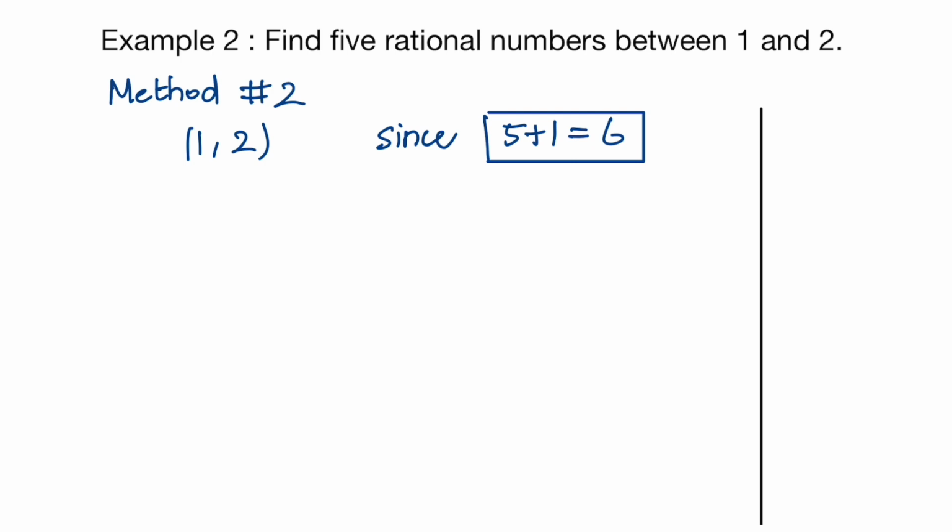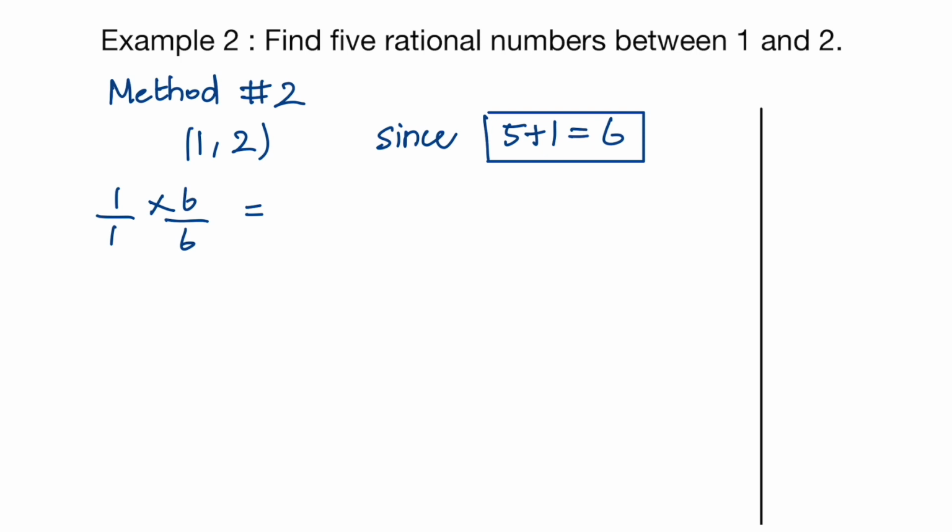What do I mean by that? The number 1 can be represented as 1 by 1. Because 1 by 1 is obviously 1, right? Now you are going to multiply numerator and denominator by 6. Now again, even after doing this, the value is not going to change. 6 divided by 6 is 1, 1 divided by 1 is 1, so obviously its value is 1 still.